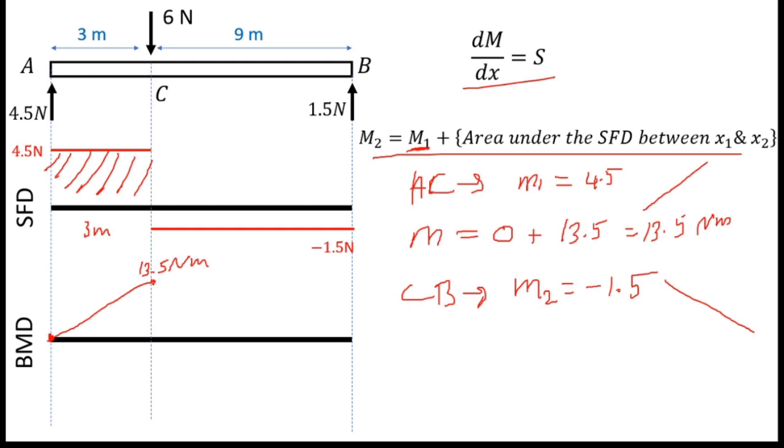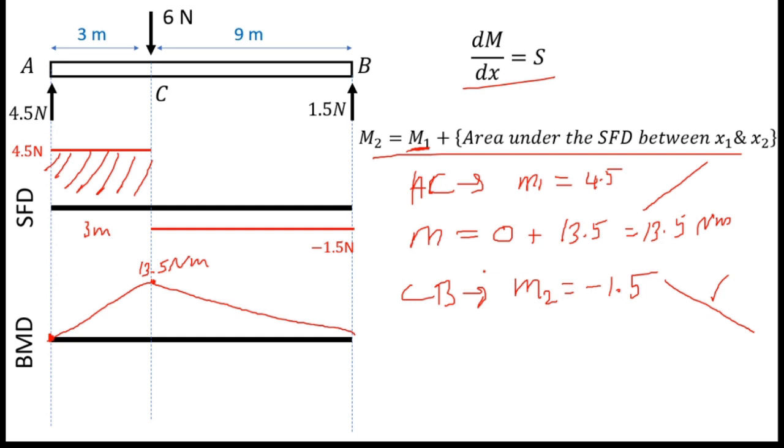So for the CB part, the bending moment diagram will start at this point and end at 0, because here also there is a roll support. Roll support means there is no resistance for moment. That means bending moment is 0 at point B. So this is the starting point, this is the ending point, and this is the shape. So I can easily draw the bending moment diagram.